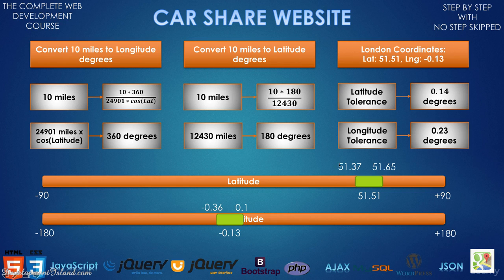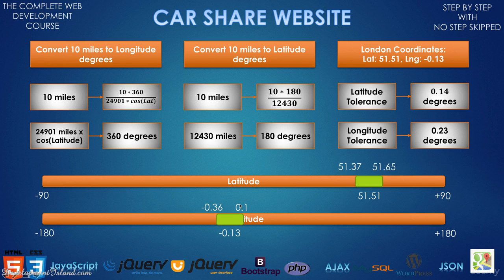That gives you that range. Regarding the longitude, we look at that number plus or minus that tolerance, and that gives us this range. So when we're looking for locations using a query, inside our query we're going to look for a departure latitude between these two numbers, and a departure longitude between these two numbers.